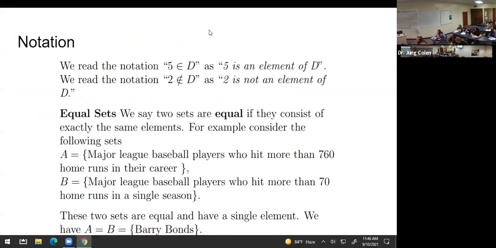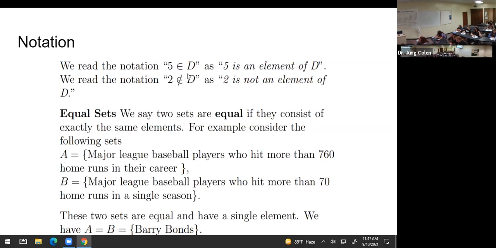Here is notation. This is very important, okay? This notation is between the element and the set. This notation again is between element and set. And just like greater than, smaller than, you see that the mouth is opening for the bigger side, right?